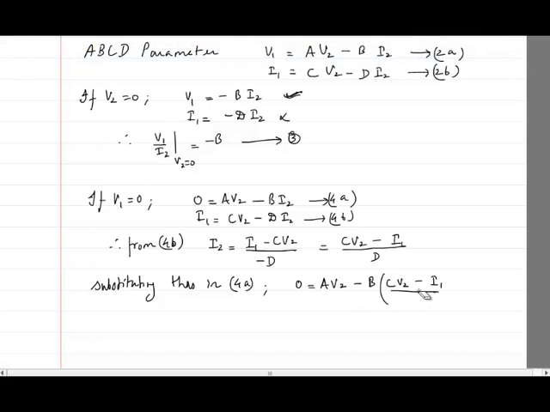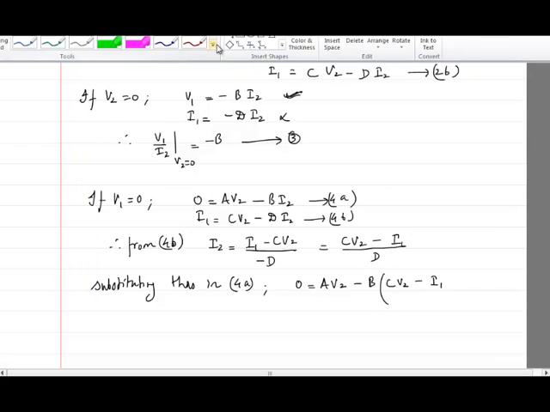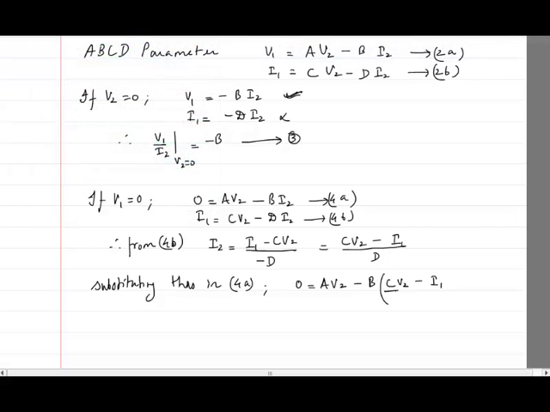Let me write it as CV2 by D and I1 by D. So from this I will get 0 equal to A minus BC by D, with V2 as common, plus, because minus and minus become plus, B by D into I1. Correct?